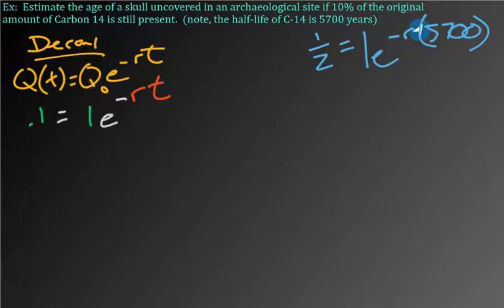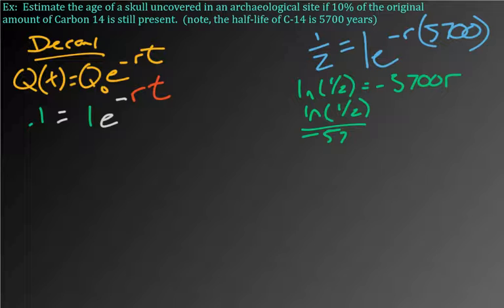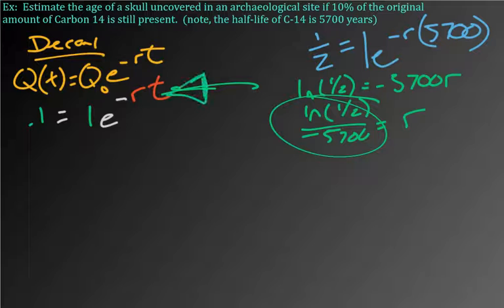And so now we can use this equation, solve for r, right? Just take natural log of a half, and then it's going to equal minus 5700r, divided by minus 5700, and that's r, right? So if we pop this in over here, we would get something that we can solve for t, and then we'd be done.